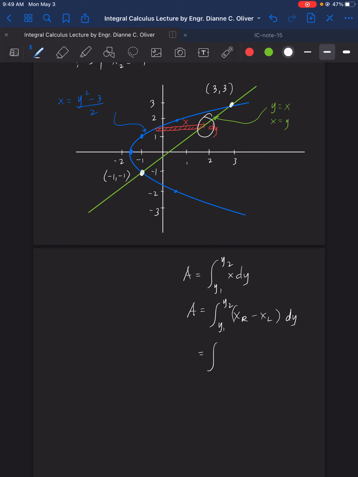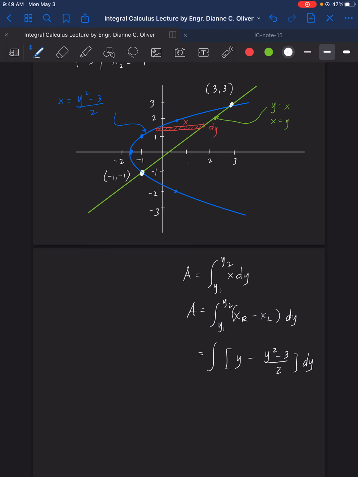So the area strip is touching the line. Therefore, we will put here the equation of the line. X right is y minus the x left. The area strip is touching the curve on the left side. So we have there y squared minus 3 over 2, the x of the curve, dy.